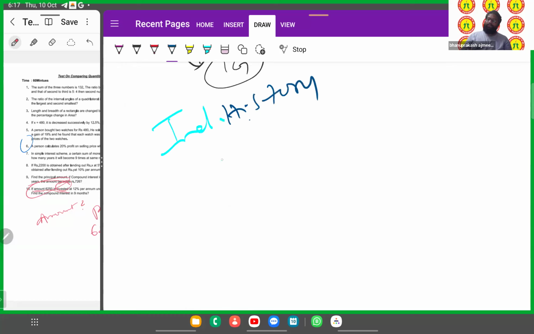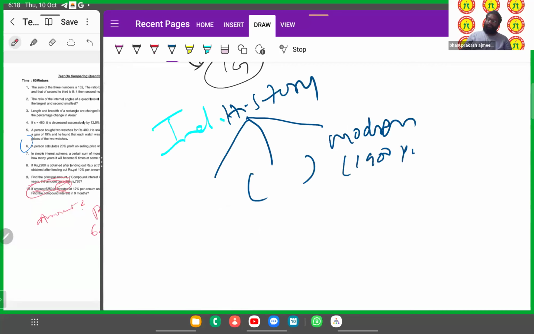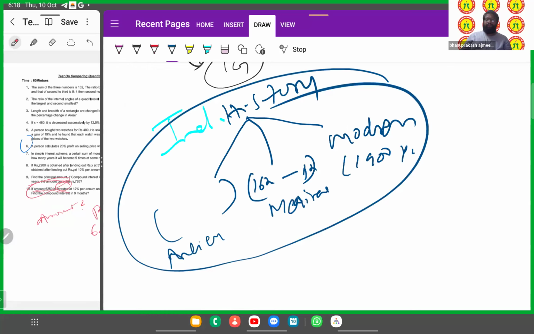Indian history has three sectors: modern history, that is after 1900; medieval history, from the 16th century to the 19th century; and ancient history. This is one paper, and you need to read a lot.